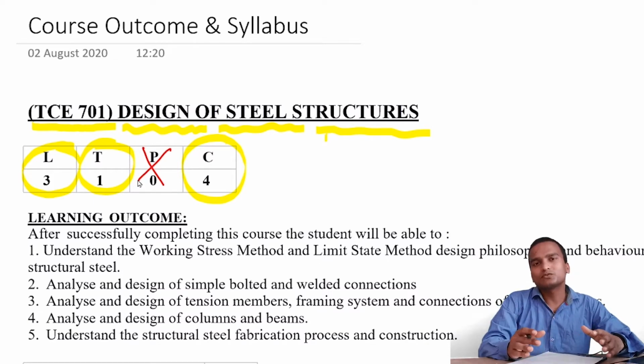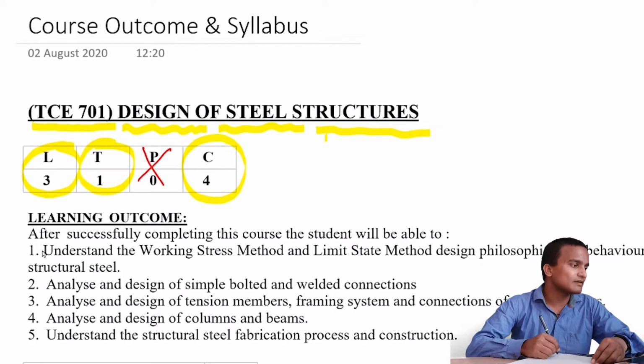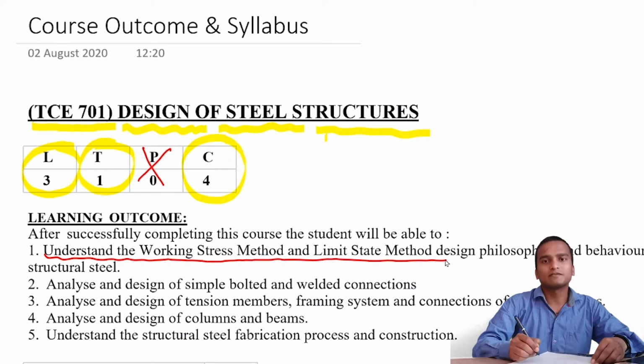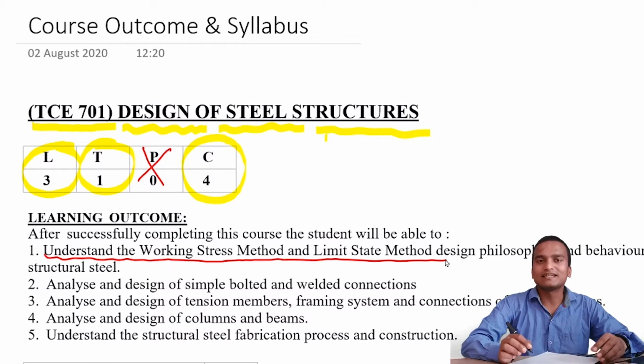So let us come to the learning outcomes that we are going to get after completing this course. The very first learning outcome is that we are going to understand the basic design philosophies of working stress method and limit state method. This will be completed in unit 1. Actually, the entire code IS 800 has been laid down on the basis of limit state design philosophy.